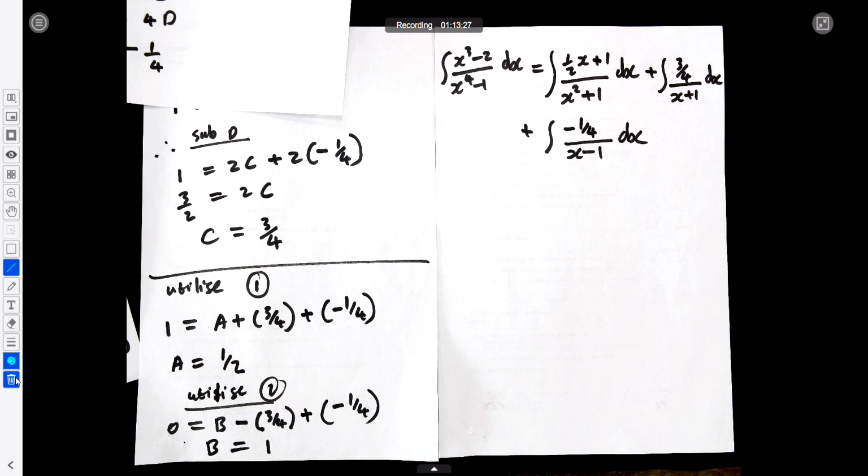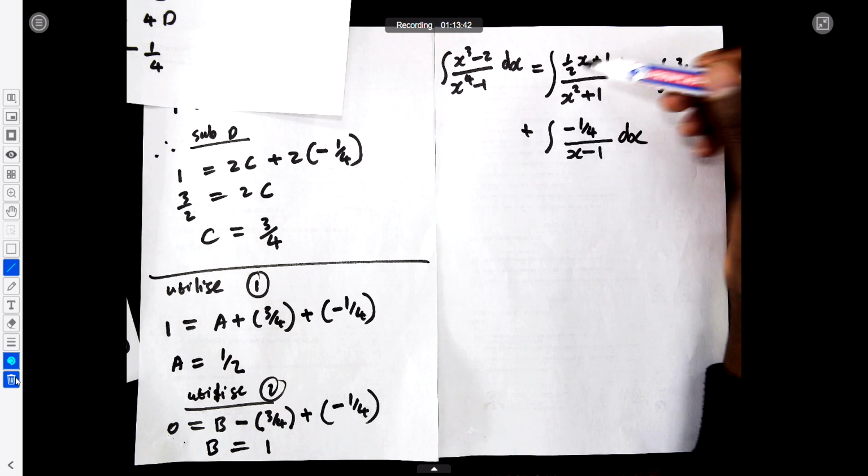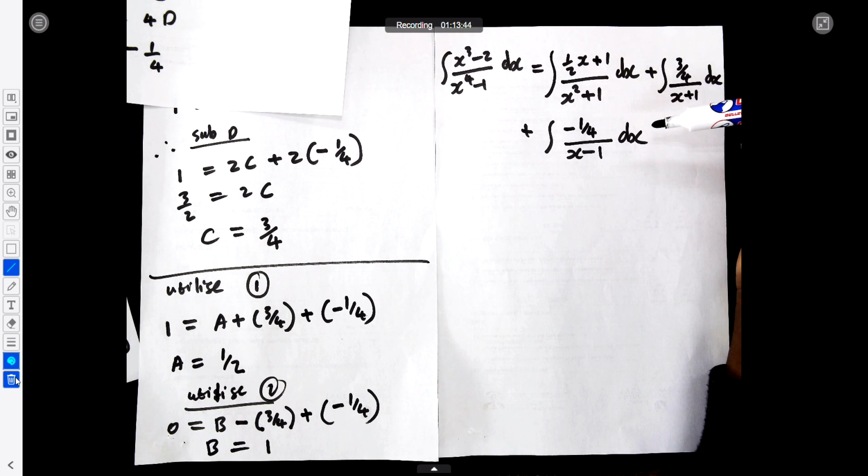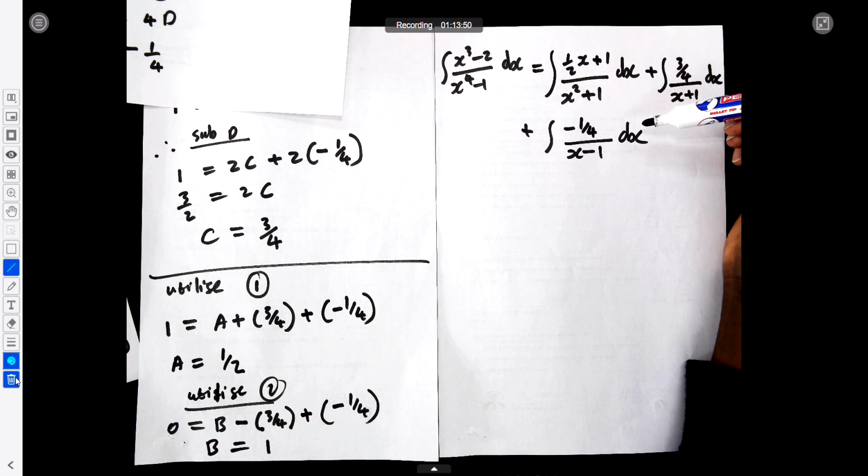So let us inspect this denominator and numerator. When we differentiate the denominator, do we get the numerator? It would give us 2x plus 0, and this one is a half x and a 1. So you check your formula sheet. Does it resemble something?